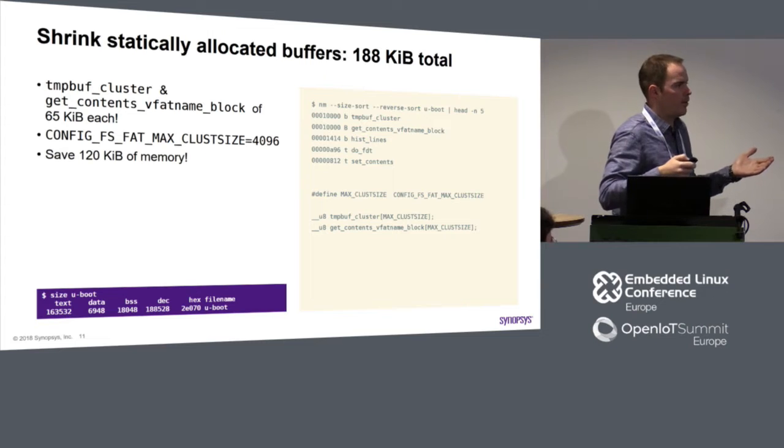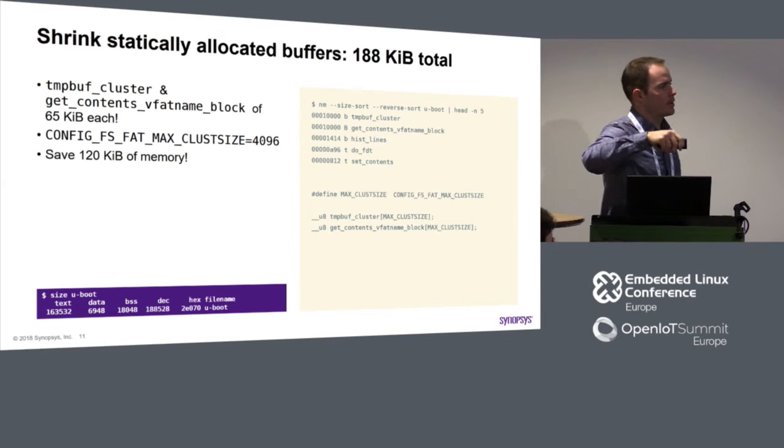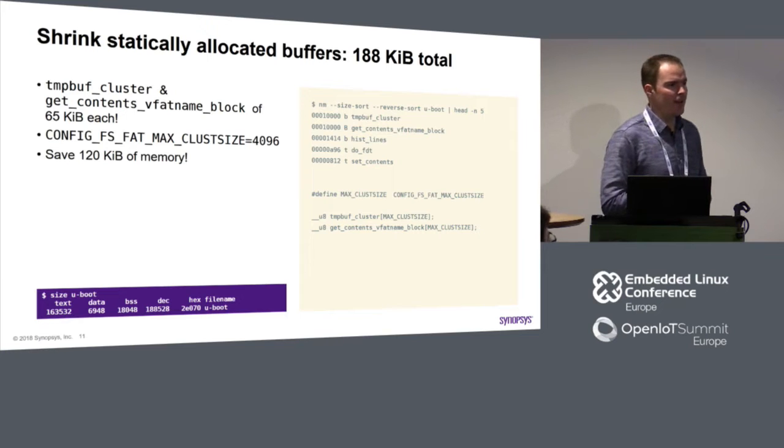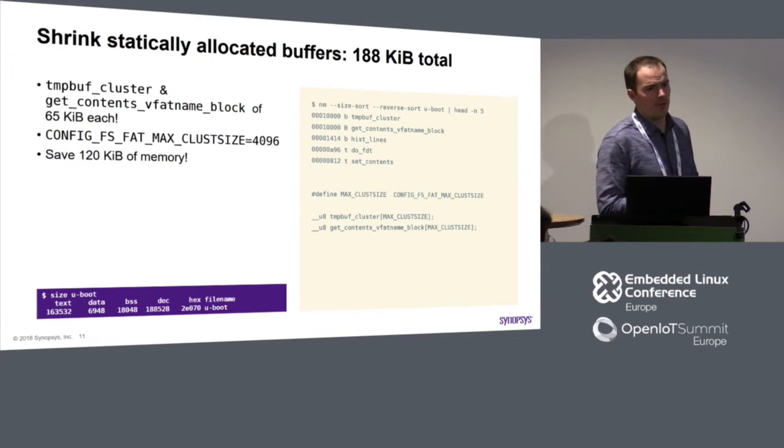And so already that allowed us to put that resulting image in our ROM, and we don't need a lot of memory for data actually, because it is 7K here and 18K here. A little bit of background: that initial value of 64K is on the safe side, because in theory a FAT file system may have such a big cluster, but in reality I don't think there are many cases when it is larger than 4K.